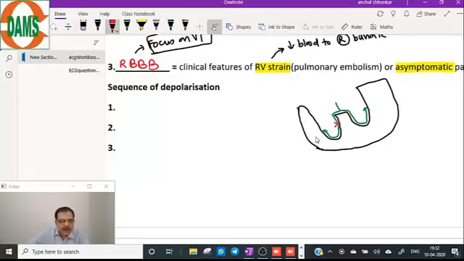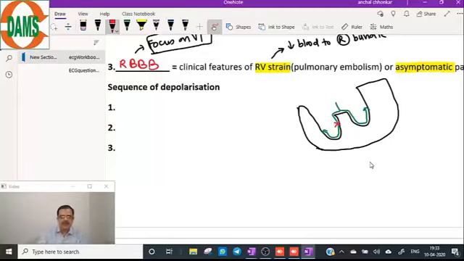For the hypertrophy to occur, it should be a chronic event like pulmonary stenosis or pulmonary hypertension. Hypertrophy occurs in a chronic thing, while angina occurs in acute pathology like pulmonary embolism. So this is the blockage here. Right bundle is blocked here.